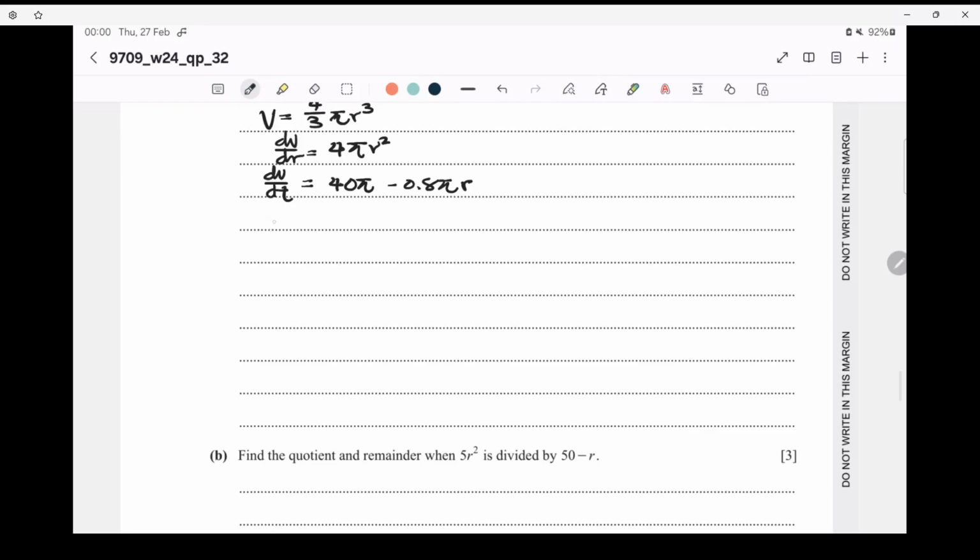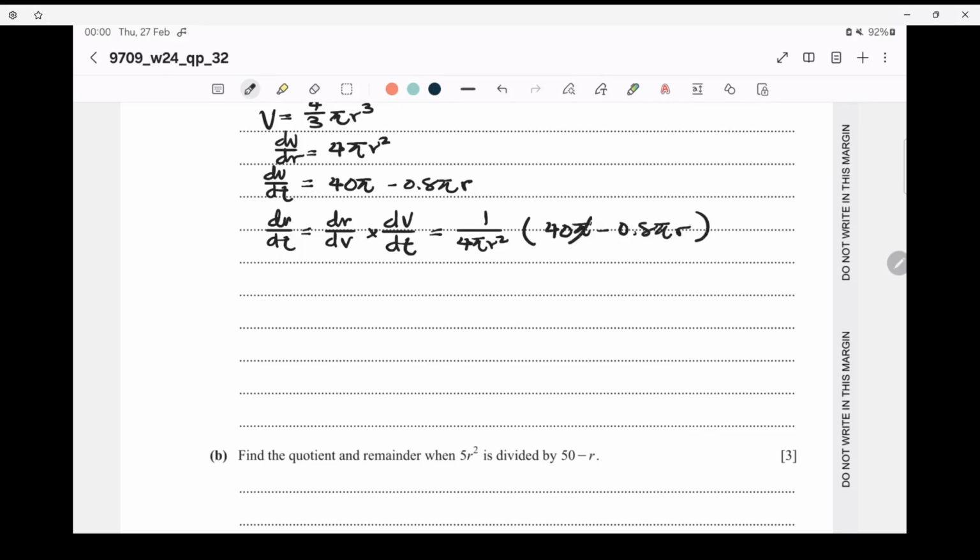So therefore, dr over dt will be dr over dV multiplied by dV over dt. So dr over dV will be 1 over 4 pi r squared. dV over dt will be 40 pi minus 0.8 pi r.